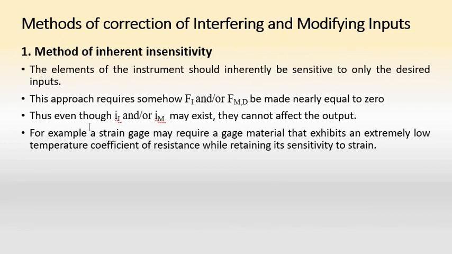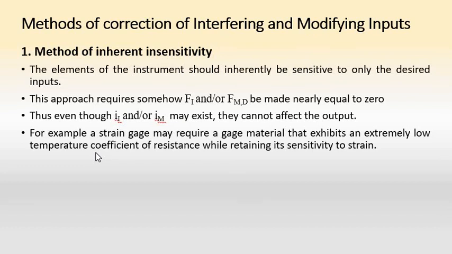Okay, there is an example given here, a strain gauge. A strain gauge is used to measure the strain, so it should not measure other unwanted inputs or noises, and the accidental interfering input that may be encountered with the strain gauge is temperature difference.